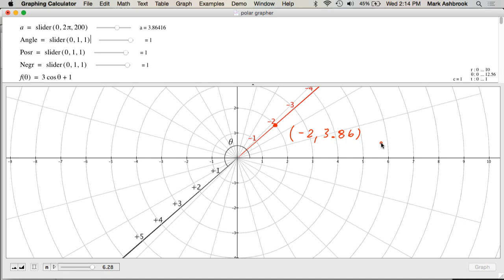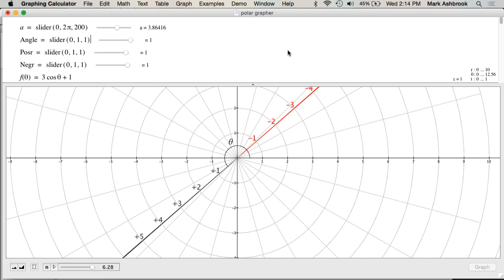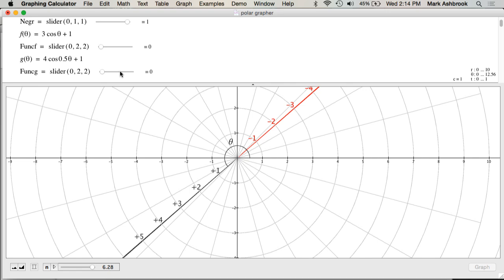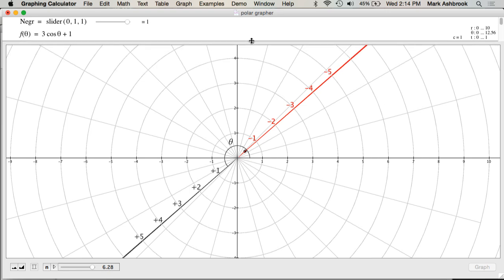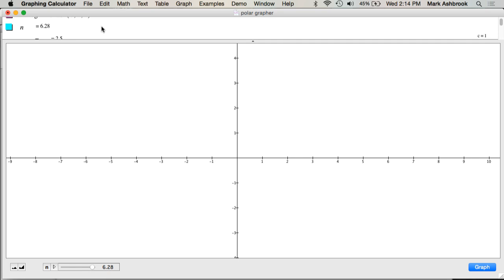Okay, any questions? So let's do some practice. I'm going to throw some points up, one at a time, and you're going to write down what the coordinates are. You're just writing down the coordinates, not graphing anything.